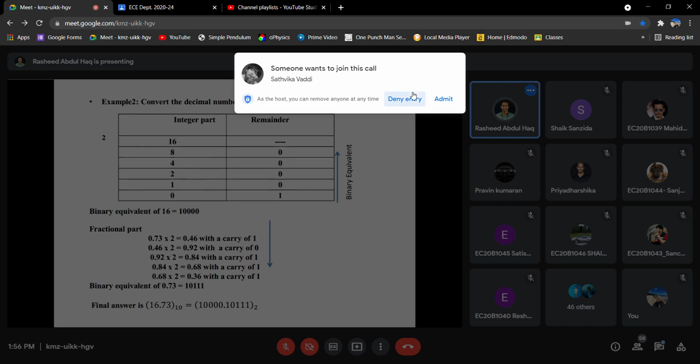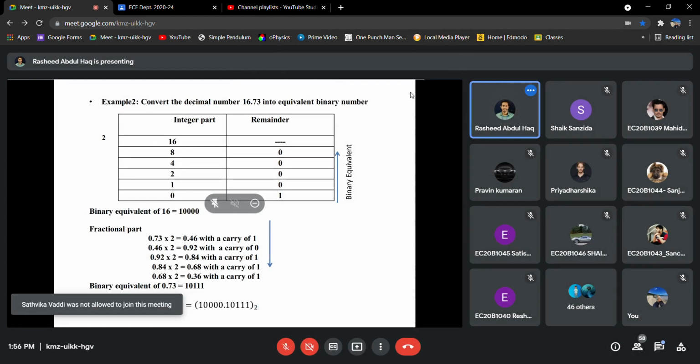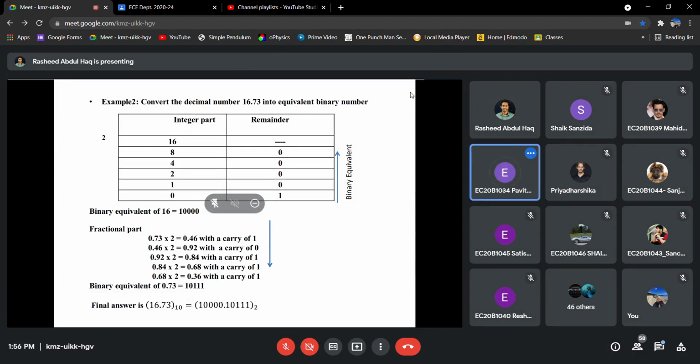Sheikh Fardeen Ahmad Pasha, absent. Sir, but 43 is present, sir. Okay. Siddharth, present, sir.